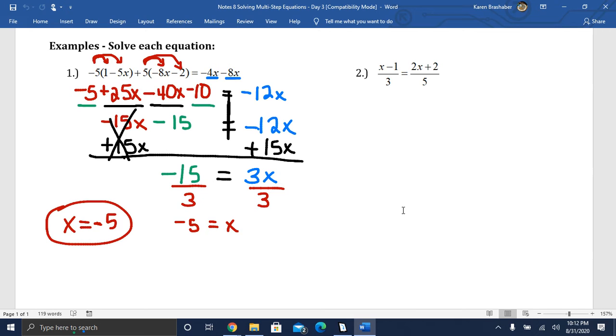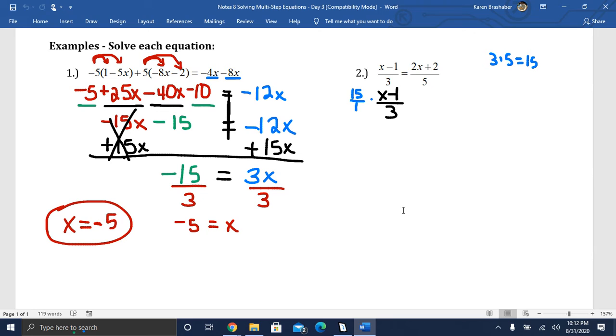So what we have been doing is looking at your two denominators and coming up with the common denominator. So your common denominator in this problem would be 15, 3 times 5, which gives us 15. So I can multiply both sides of my equation by 15. 15 over 1 times my original problem, which would be (x minus 1) over 3.